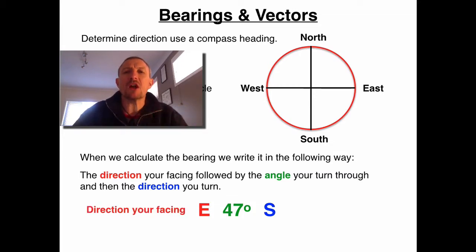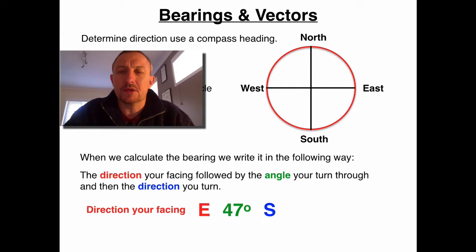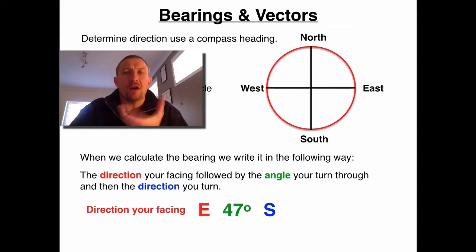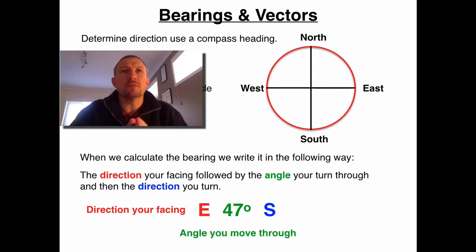Well, the direction I would face if I'm standing right at that center point in the crosshair of that compass heading, I would face east initially. So I'd take my compass, I'd find where east is, and I'd look in an easterly direction. The 47 degrees means I'm going to move 47 degrees. Now I may move 47 degrees north, or I may move 47 degrees south.